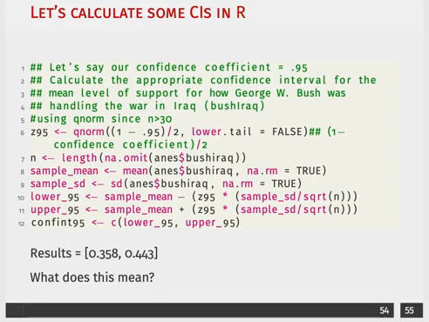Specifically, you can think that within 100 repeated samples, we imagine the true population mean is going to fall within these bounds 95 out of 100 times. The only reason we can say this is because we are making assumptions about how that variable is distributed with regard to the central limit theorem and a normal distribution.